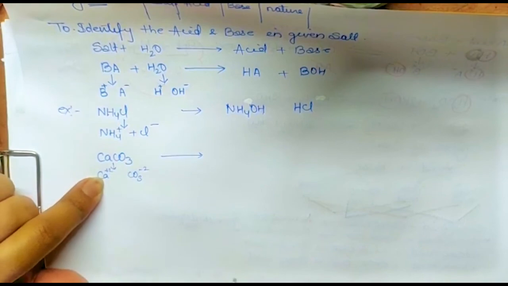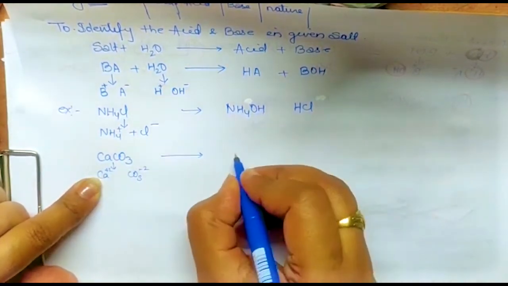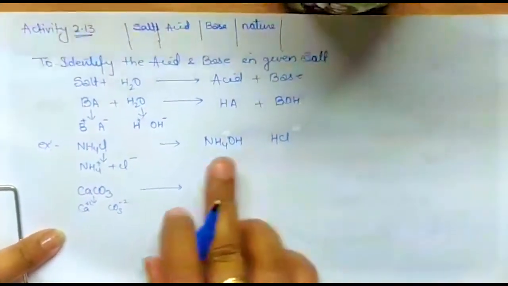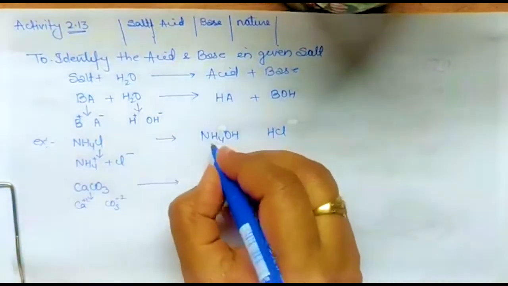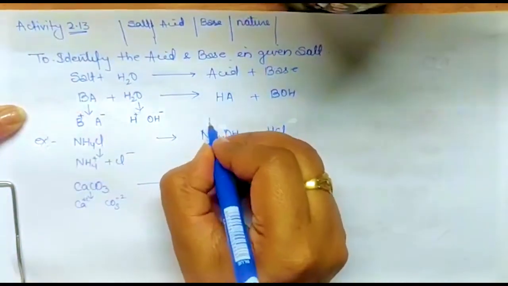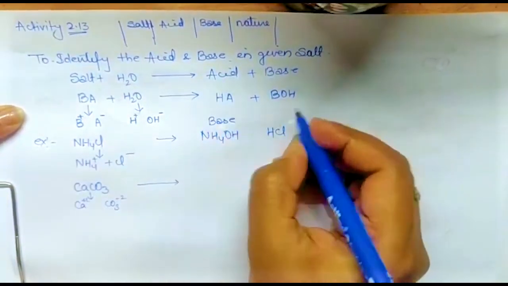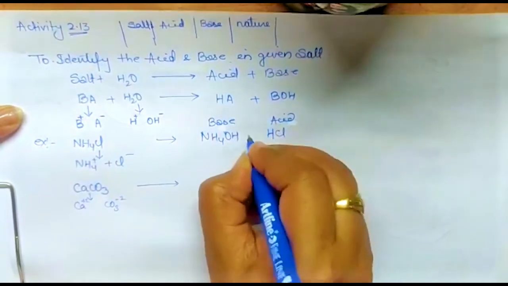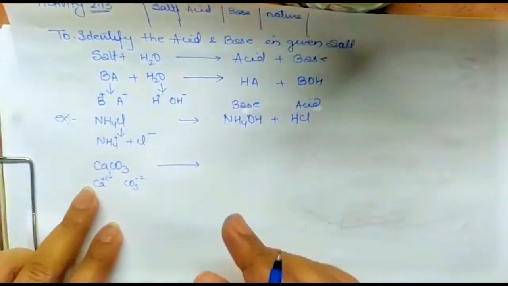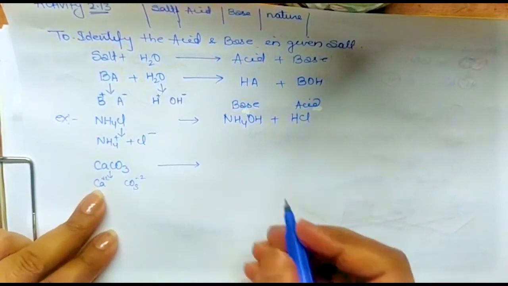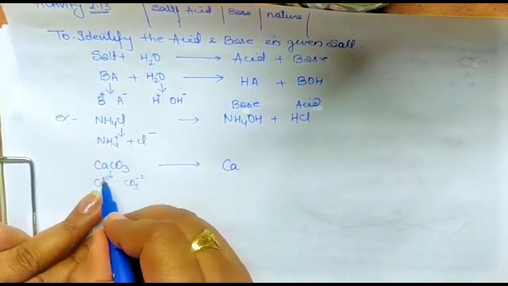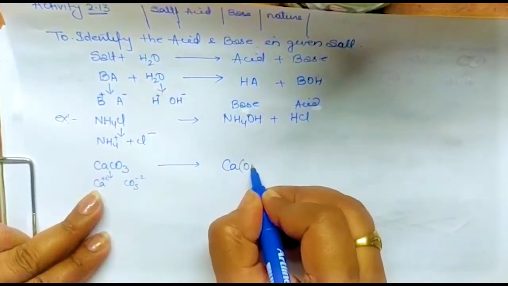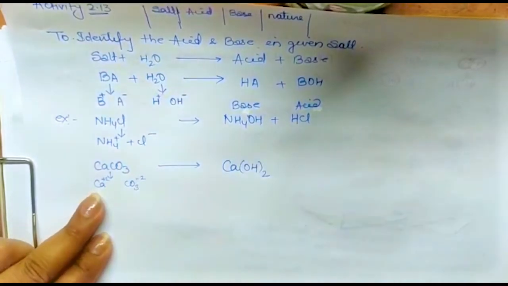So with the positive one what will we do? One second. This becomes reverse. Let me write here: base, and this is acid. Now it is clear. So the positive part is this Ca plus 2. So Ca, and since it is plus 2, we will add 2 OH minus.